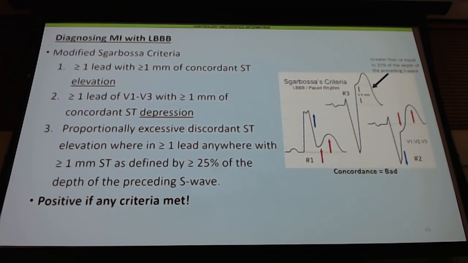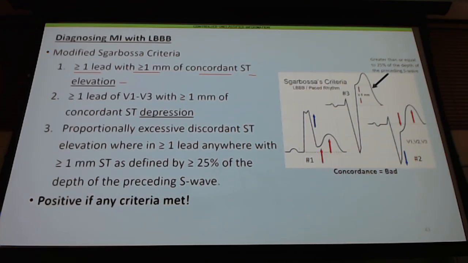So what she said is, if you have a patient with left bundle branch block, if you have at least one lead with at least 1 millimeter of concordant ST elevation, then that is a STEMI.